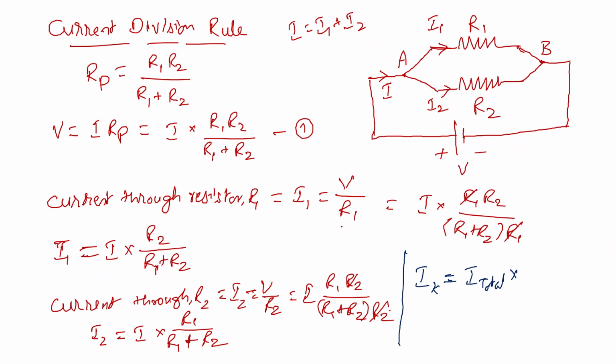So I1 is the current that is going to flow through the R1 branch, for that we are having R2 in the numerator, and I2 is the current that is going to flow through the R2 branch, for that we are having R1. So they are opposite branch resistances.